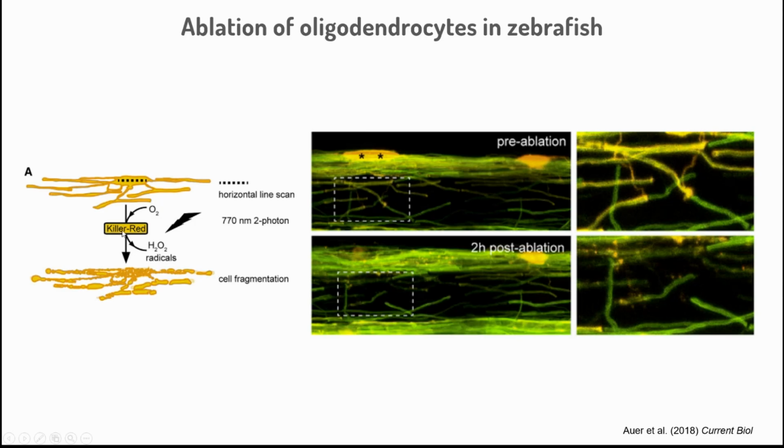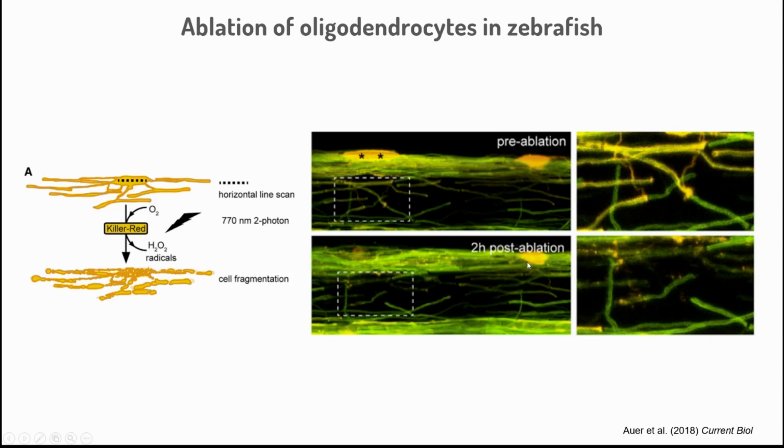So here they have the oligodendrocytes. Some oligodendrocytes have this killer red, which is a fluorophore that, when excited, will generate free radicals, and it will kill the cell. So they have two oligodendrocytes. This one, which has all the myelin sheaths here, and they have number 1 and number 2, and they only kill this oligodendrocyte.